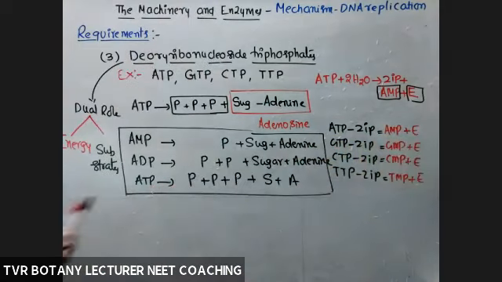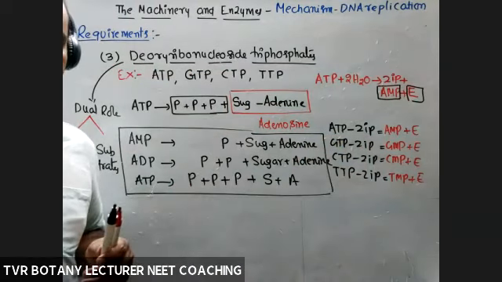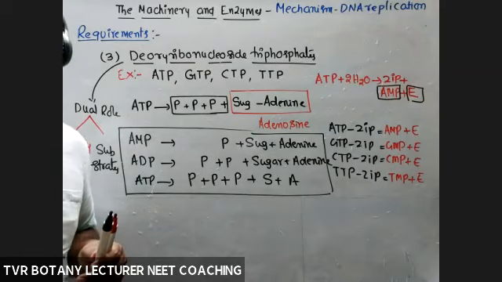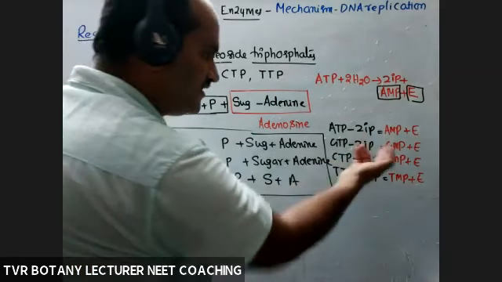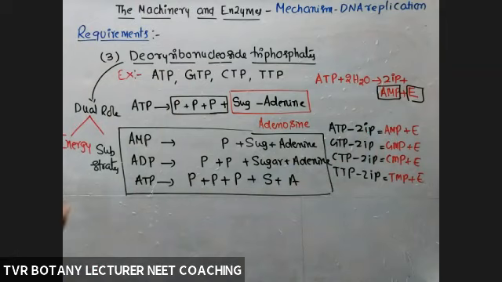These two are required for DNA replication. What are the subunits of the polymers DNA and RNA? Nucleotides. They are the substrates. Is it clear?